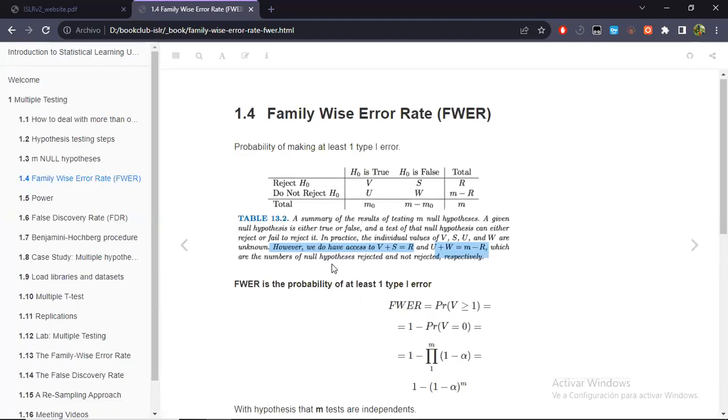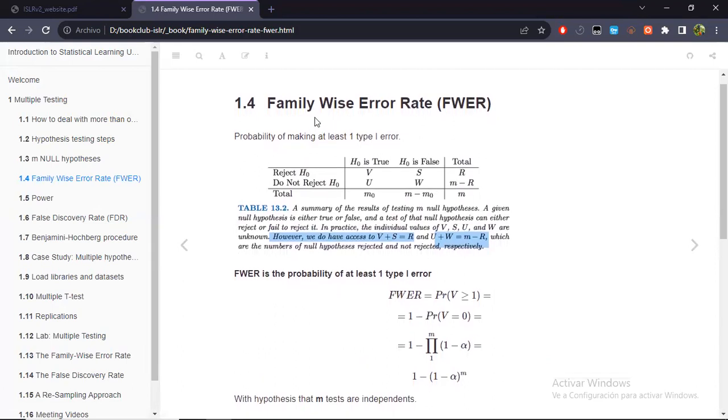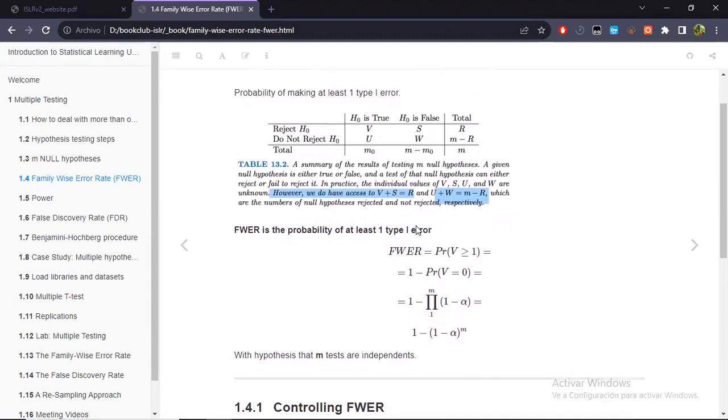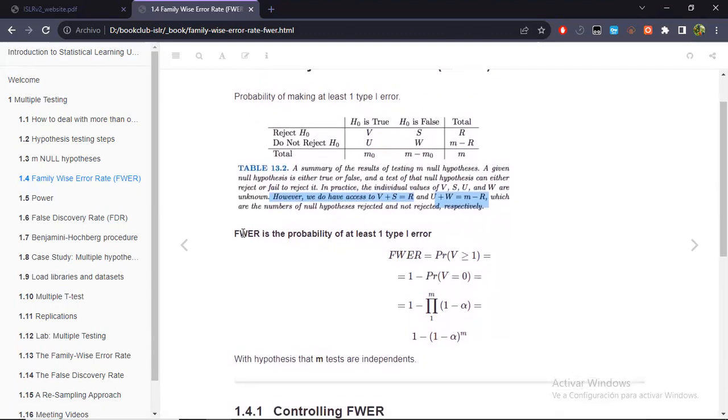So with that in mind, we define the family-wise error rate, and it is defined as the probability of committing at least one type 1 error.